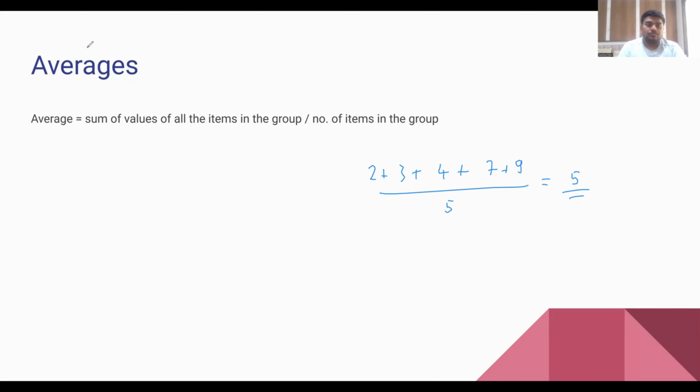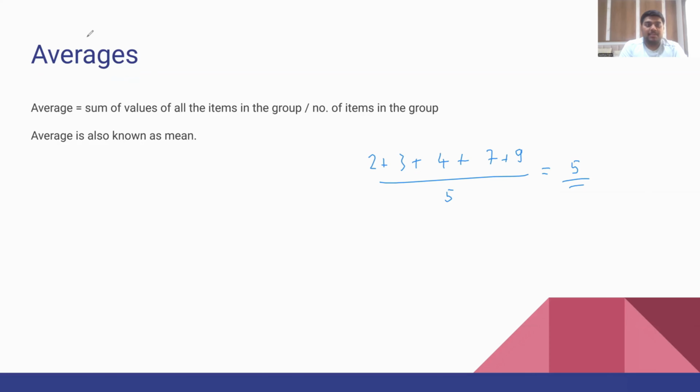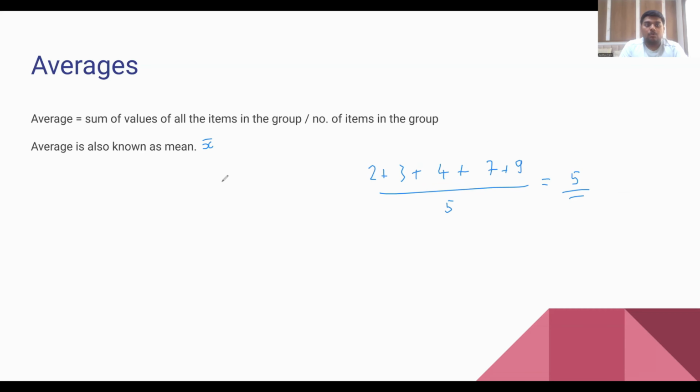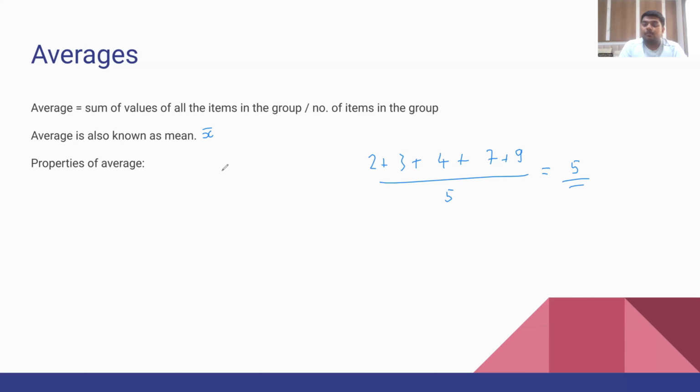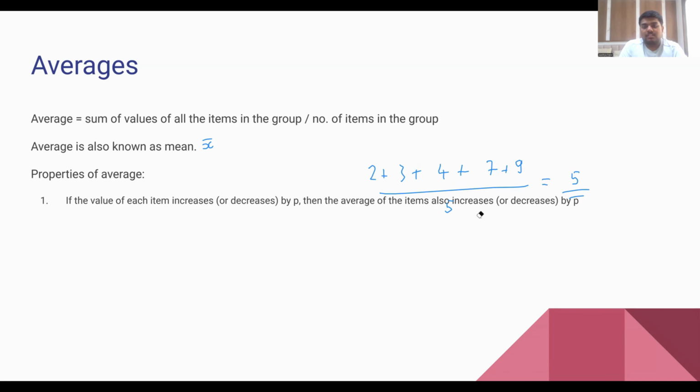So average is also known as mean, and mean is represented as x bar. Now, there are a few properties that are related to average. If the value of each item increases or decreases by p, then the average of the items also increases or decreases by p.